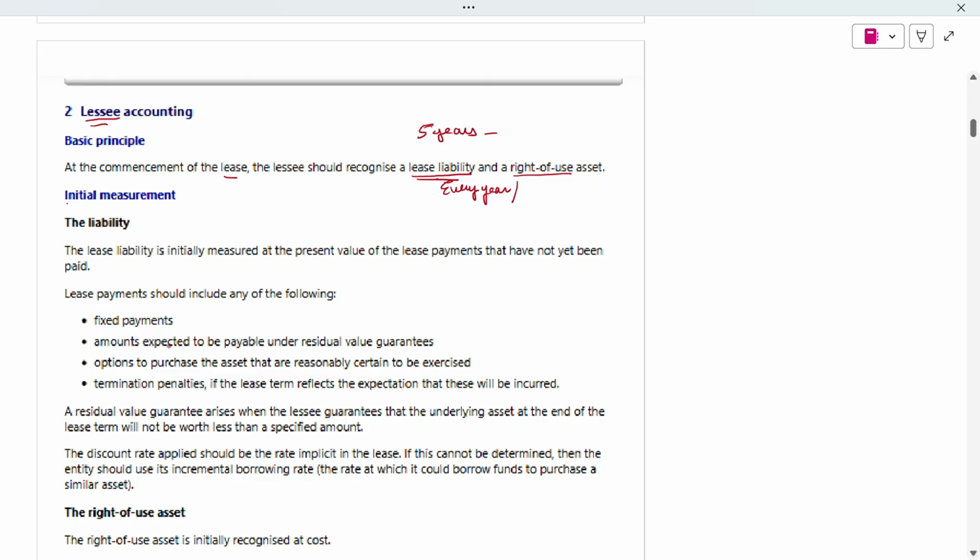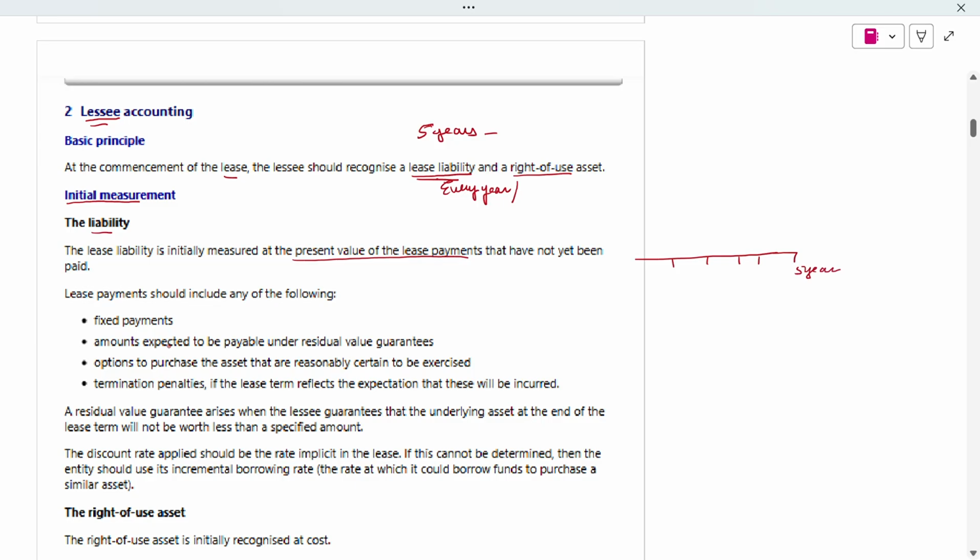How are we going to do the initial measurement of the liability? It will be measured at the present value of lease payments that have not been paid. Assume you have taken it for 1, 2, 3, 4, 5 years.